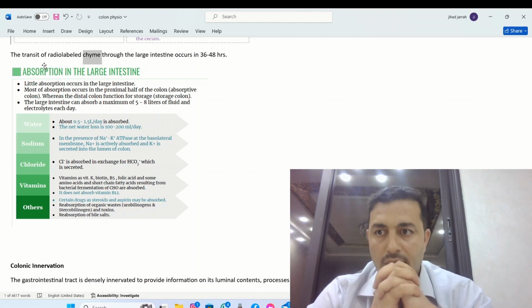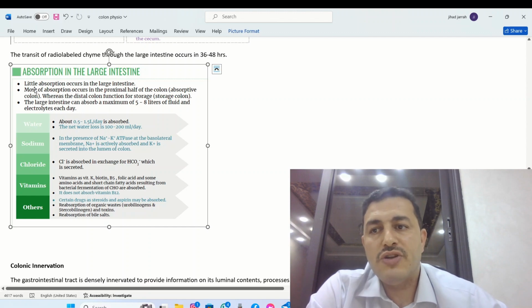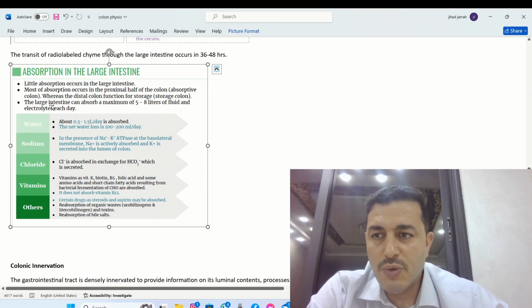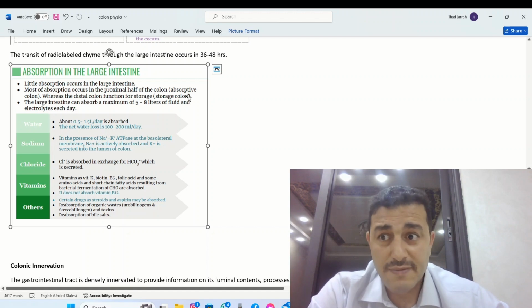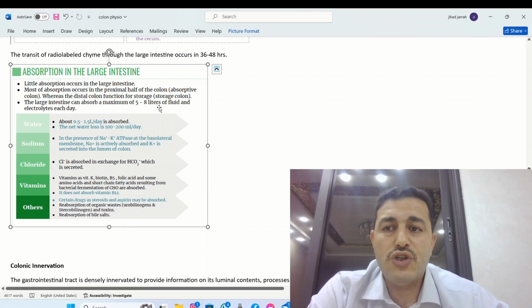This is another picture showing that absorption in the large intestine is little when we compare it to the small bowel. Most of the absorption occurs in the proximal half, called the absorptive colon, while storage occurs in the distal half, called the storage colon.